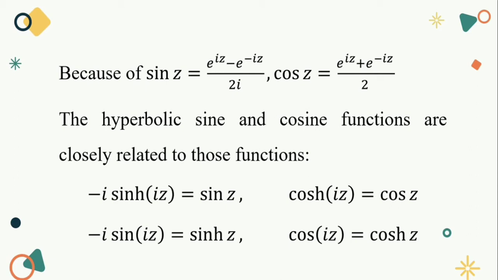Negative i sinh of iz is equal to sin z, and cosh of iz is equal to cos z. And then negative i sin iz is equal to sinh z, and cos iz is equal to cosh z.